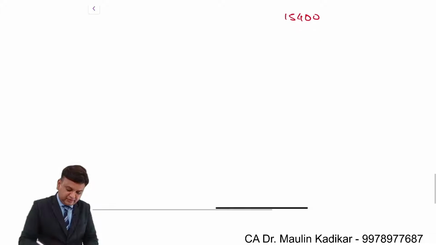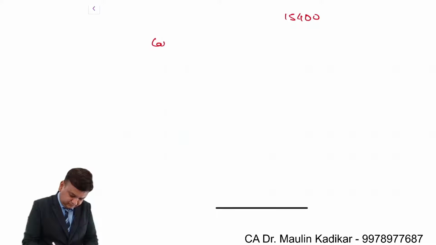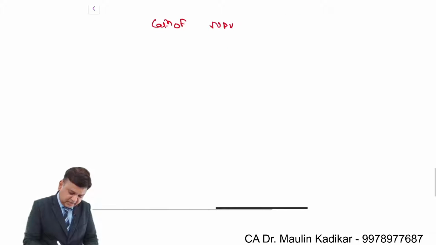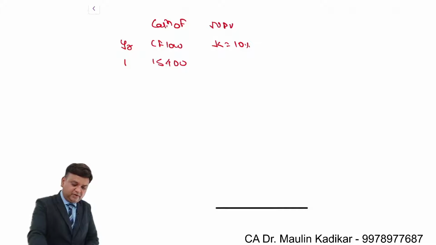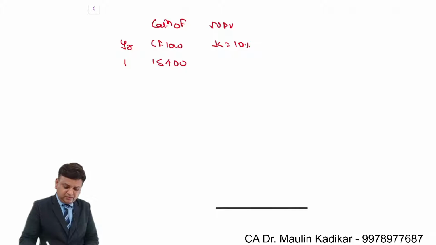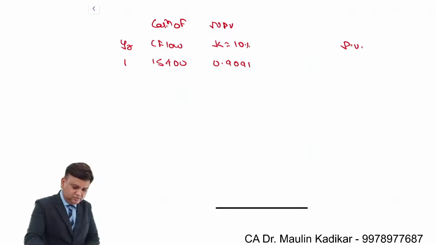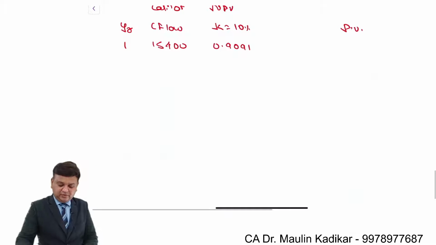Now calculation of NPV. Again, first year end 15,400 cash flow, discounting at the rate of 10%, 1 divided by 1.10, 0.9091. Present value of cash flow comes to 14,000.14.